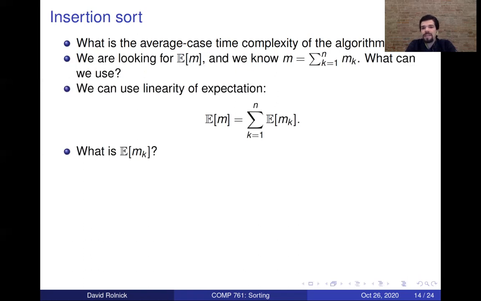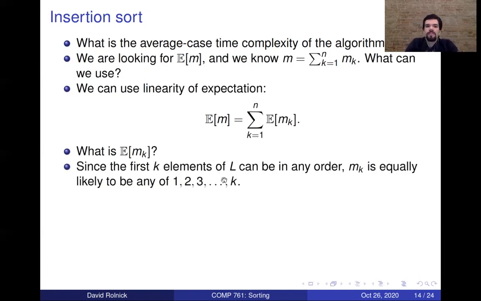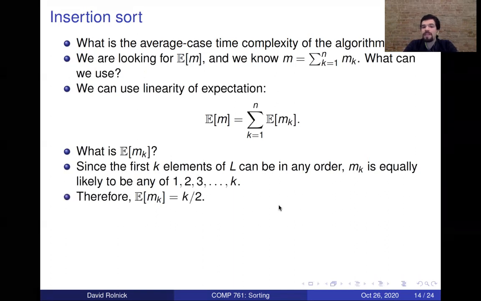Remember, mk is how many steps we have to move the kth thing when we're inserting it into L prime. Since the first k elements of L could have been in any order, mk is equally likely to be any one of the possibilities, 1, 2, 3, all the way up to k. So the expected value of mk is just the midpoint of all of those, which is k over 2.